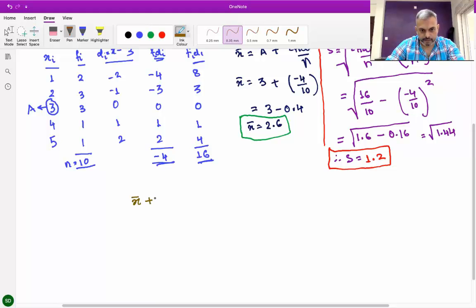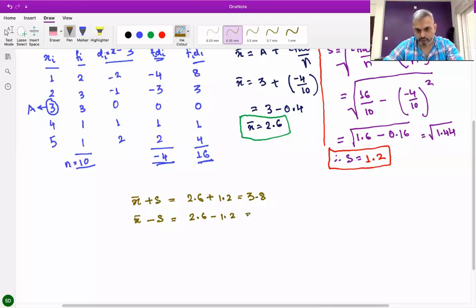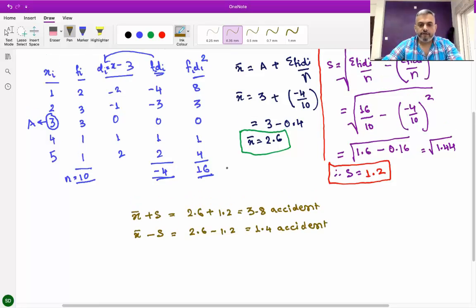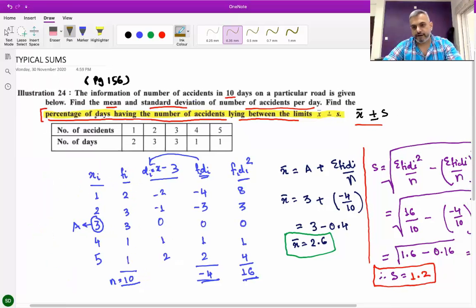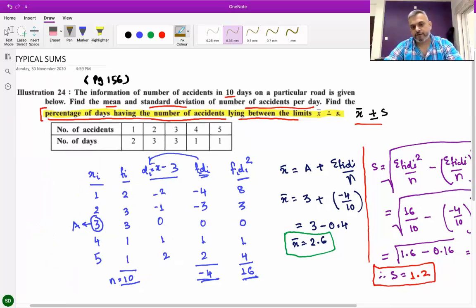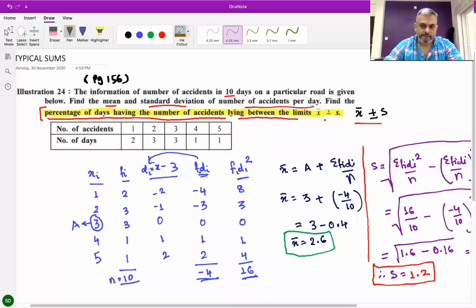X bar plus S is equal to 2.6 plus 1.2, which is 3.8, and x bar minus S, minus the standard deviation, is 2.6 minus 1.2, which is 1.4. So it is 3.8 accidents and 1.4 accidents. Now we have to find the percentage of days having the number of accidents lying between the limits x bar plus minus s.